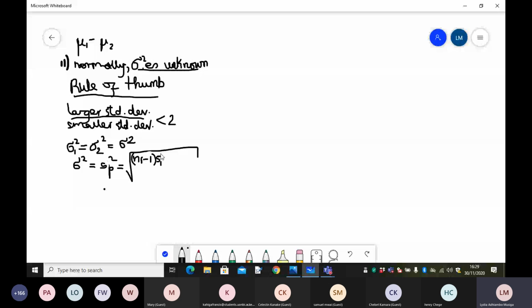n2 minus 1, s2 squared, over the degrees of freedom.